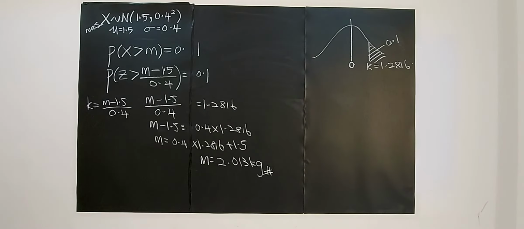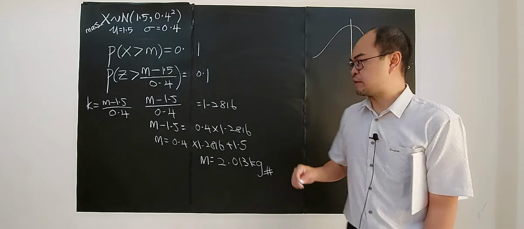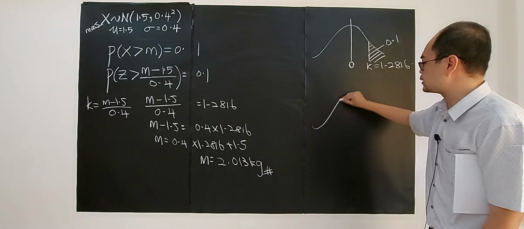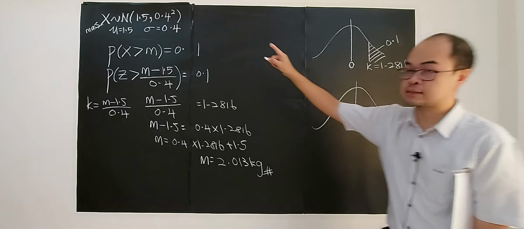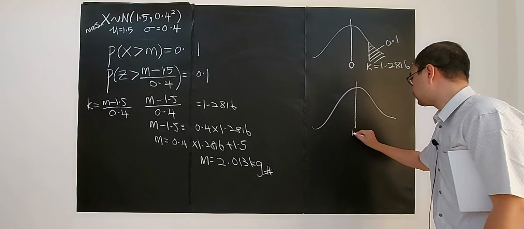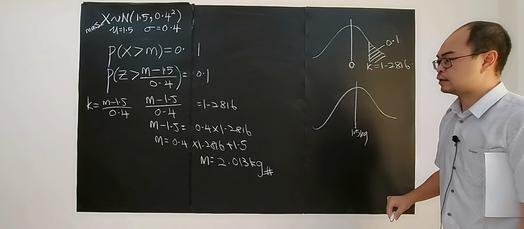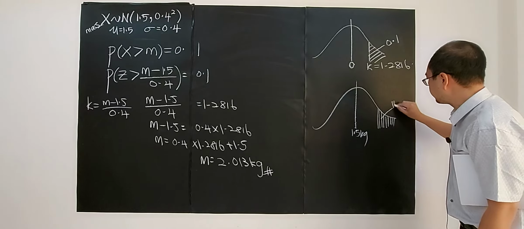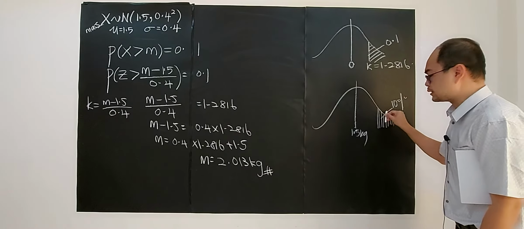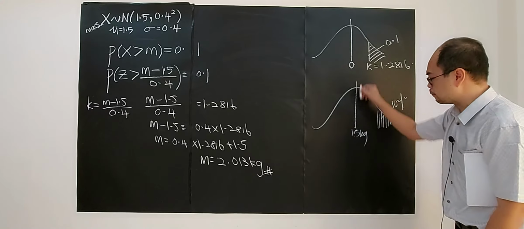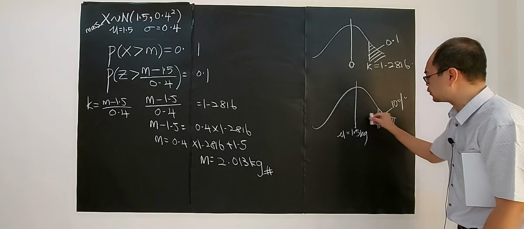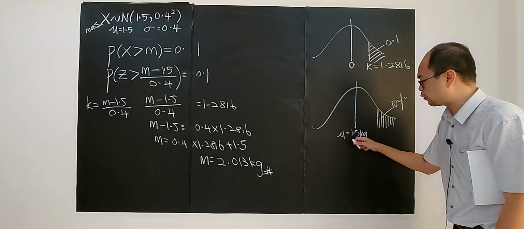Which is greater than the mean value, 1.5. As you know, before being standardized into a standard score, the mean is 0. Before standardization, for the normal distribution in this case, the mass of the chicken has a mean of 1.5 kg. So 50% of the chicken is expected to be more than 1.5 kg, the mean, the central value.